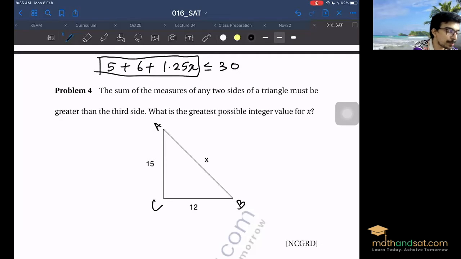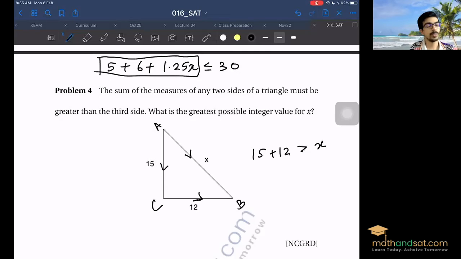Going from A to B will be the shortest path, and going through C is going to take longer. So 15 plus 12 is going to be a bigger number than x. That is what our triangle inequality says.